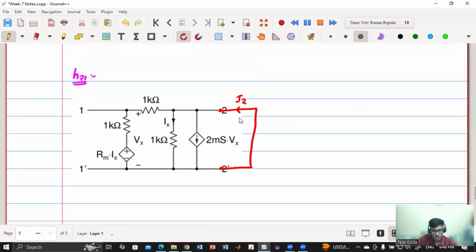So in this circuit, I have to calculate I2 provided I am exciting it with a current I1. This is my I1 in this direction and the output is shorted. If you see, say this is ground, then this is also ground. Agree? Because it is short circuited.